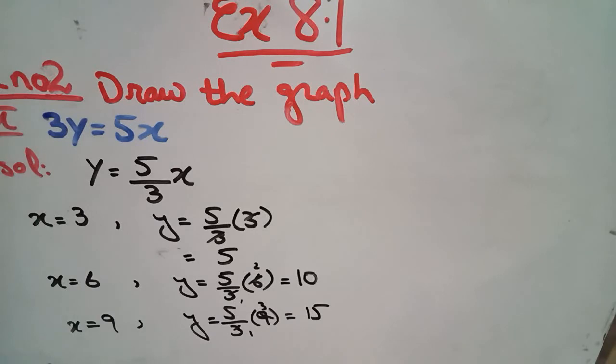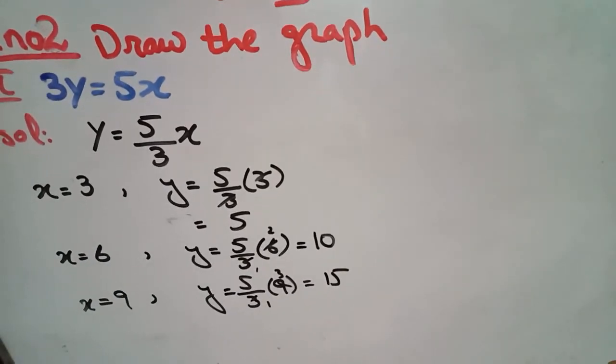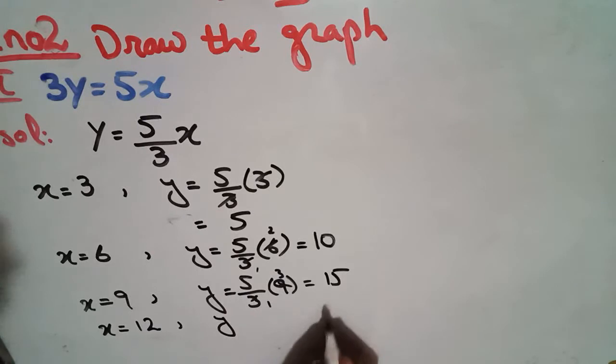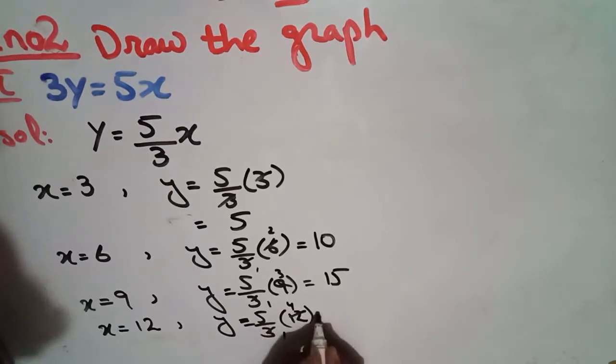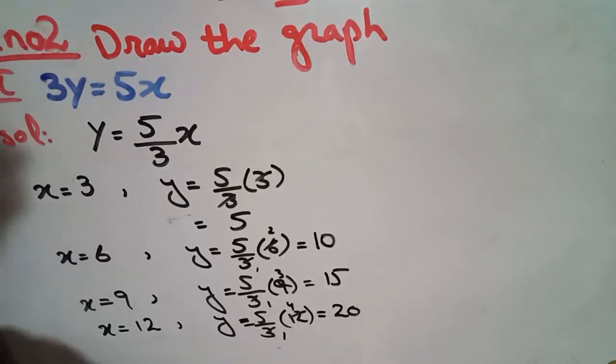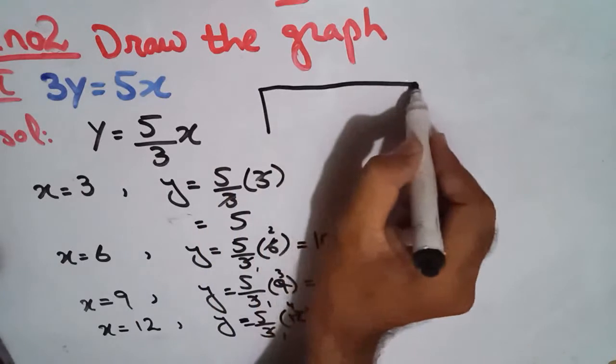Similarly, if you are taking x is equal to 12, so y is equal to 5 by 3 into 12, 3 ones are 3, 3 fours are 12, 5 fours are 20. So here y will be 20 simply. Okay, you will make a table here for your assistance.